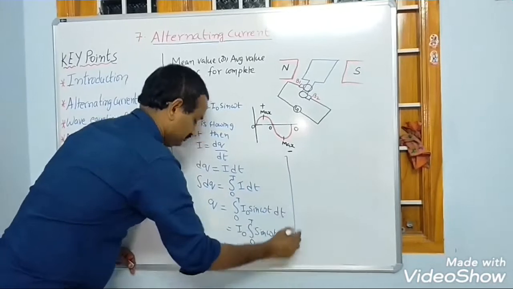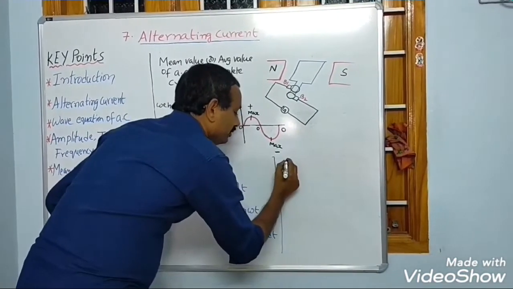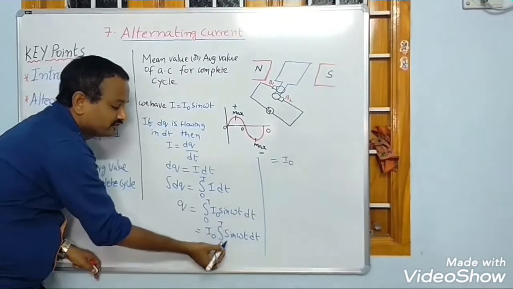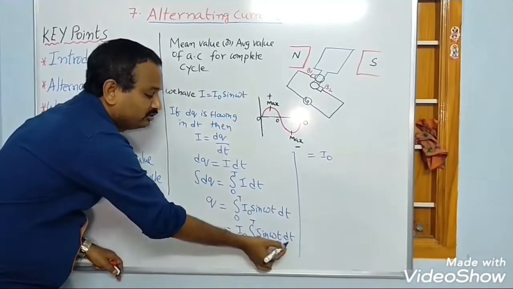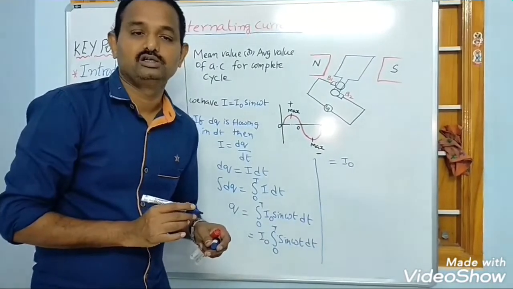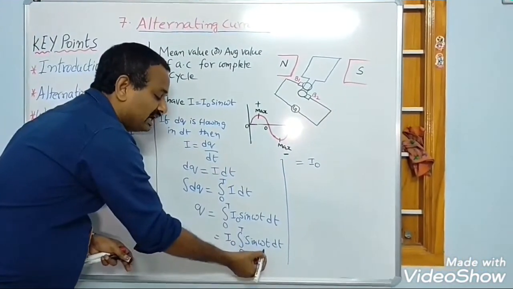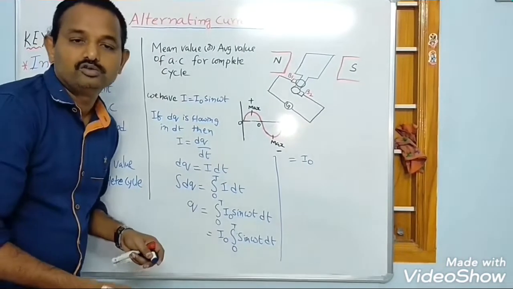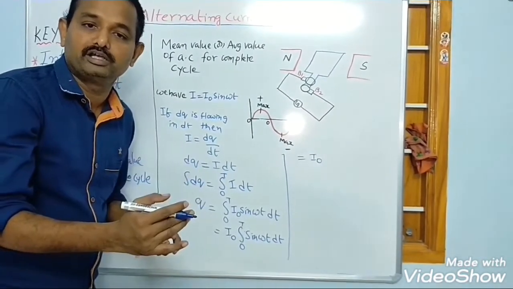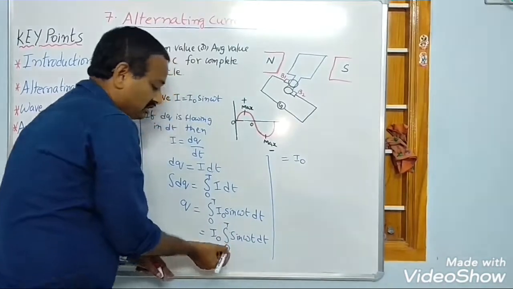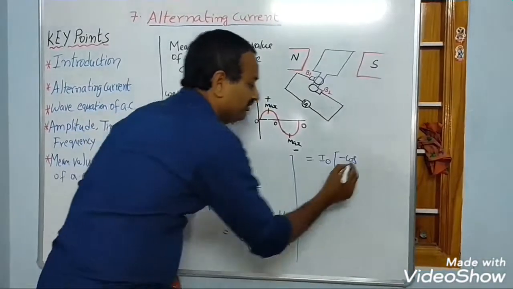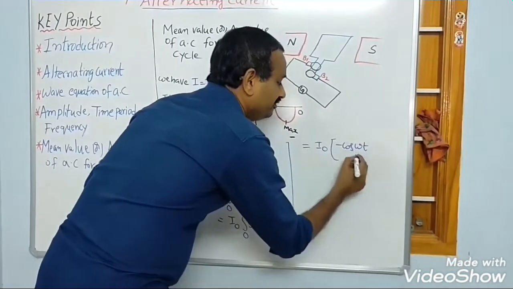Then here I naught, integration of sin omega t with respect to dt. Integration of sin theta, what is that? Minus cos theta. So here in the place of theta, omega t is there. So again we need to differentiate, and the differentiation we have to write in the denominator. Integration of sin is minus cos theta, where omega t is there.